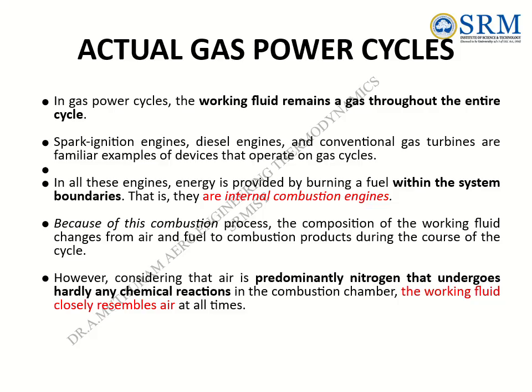That is, they are internal combustion engines. Because of this combustion process, the composition of the working fluid changes from air and fuel to combustion products during the course of the cycle. However, considering that air is predominantly nitrogen that undergoes hardly any chemical reactions in the combustion chamber, the working fluid closely resembles air at all times.